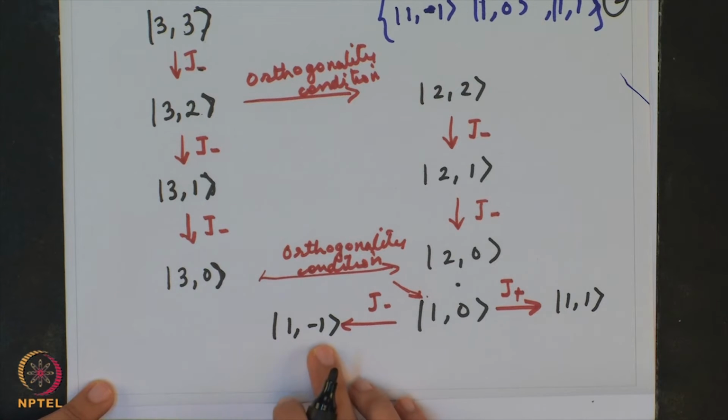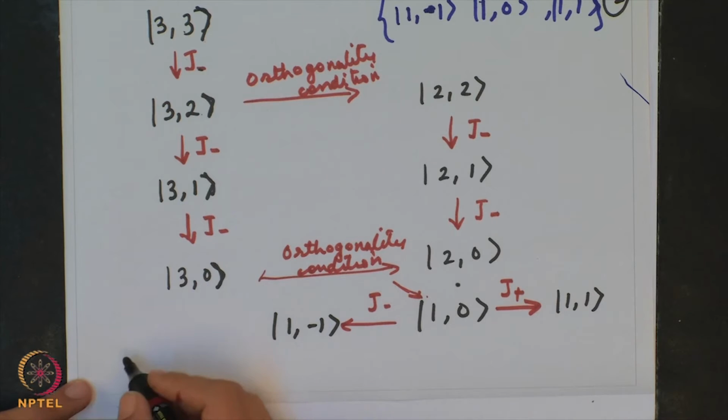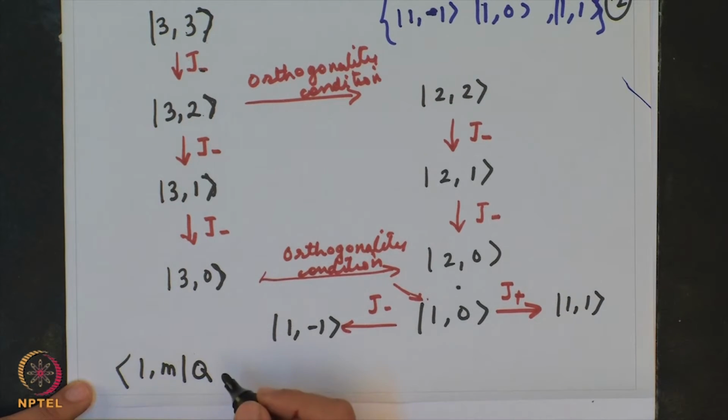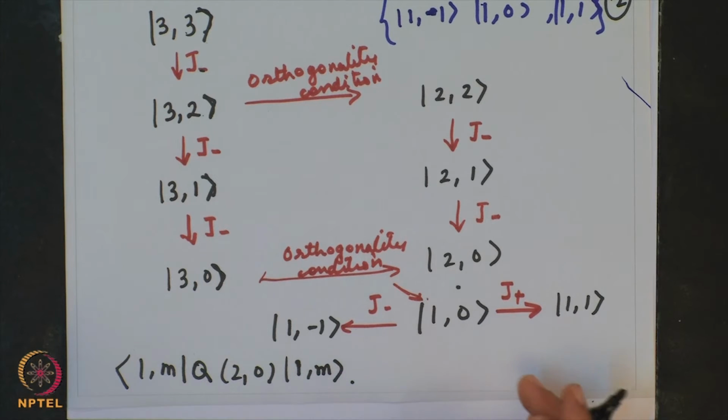Once you obtain the 1 minus 1 state, 1 0 and 1 1 state, you have to find out this quantity 1 m q and 2 comma 0 and m 1 comma m.